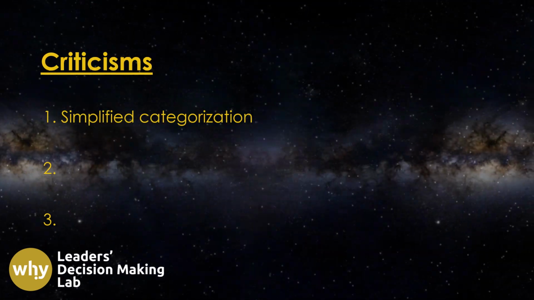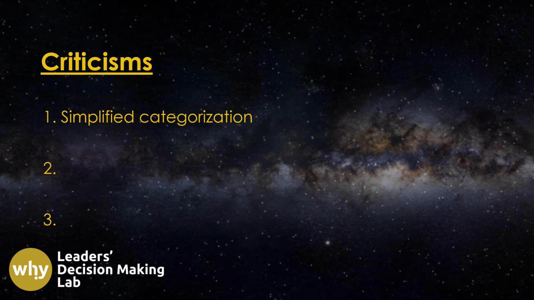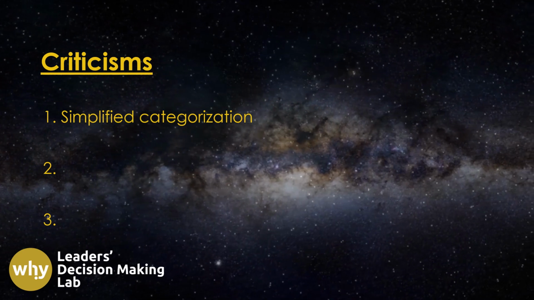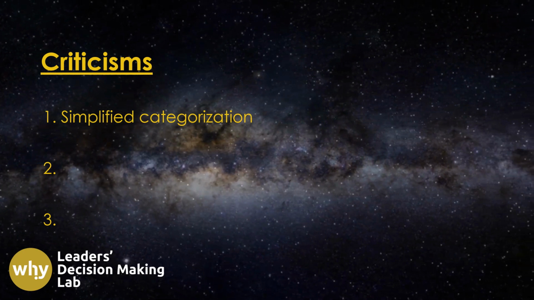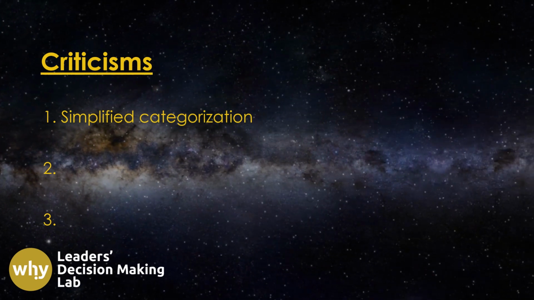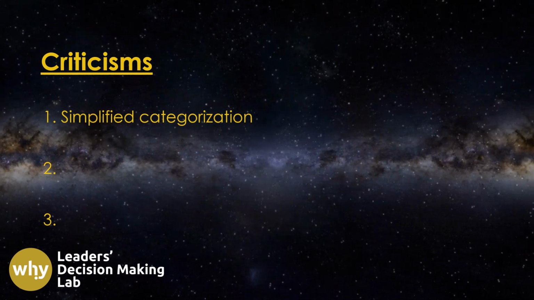No theory is perfect. What are criticisms of attribution theory? One criticism is that the attribution theory tends to oversimplify the complex nature of human behavior by categorizing attributions into discrete dimensions, such as internal or external causes, stable or unstable causes.